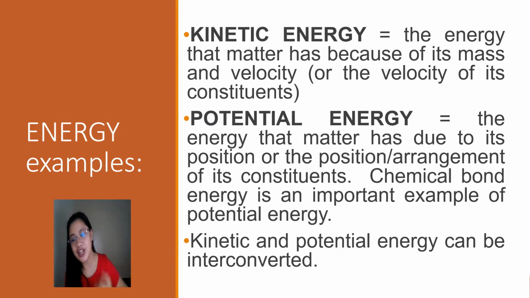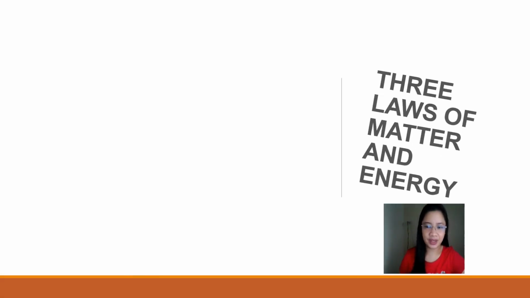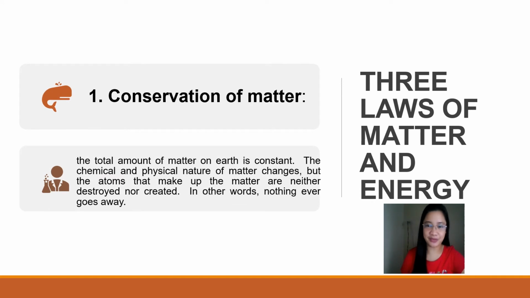For potential energy, it is also known as stored energy, because it is the energy that matter has due to its position or the positional arrangement of its constituents. The example of potential energy is chemical bond energy. Okay?